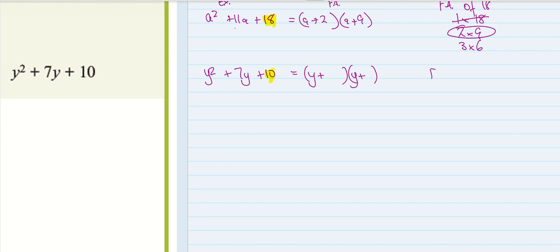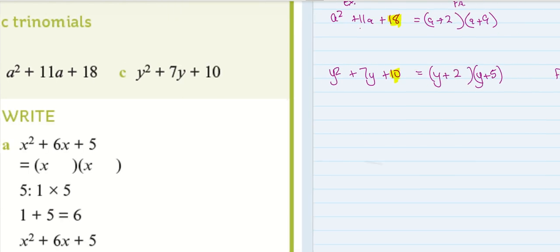I need 2 factors that multiply to give 10 but add to give 7. So we think of the factors of 10: it's 1 times 10 and 2 times 5. Well, 10 plus 1 equals 11, so it can't be that one, it's got to be this one. 2 plus 5 equals 7. And there you go, that works.